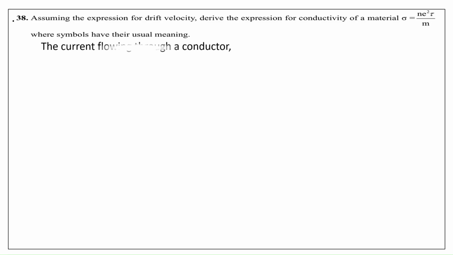Therefore, the current flowing through the conductor, I is equal to Q by t. On substituting Q value, we get I is equal to nALe by t. But L by t is equal to Vd. Therefore, the above equation is written as I is equal to neAVd.